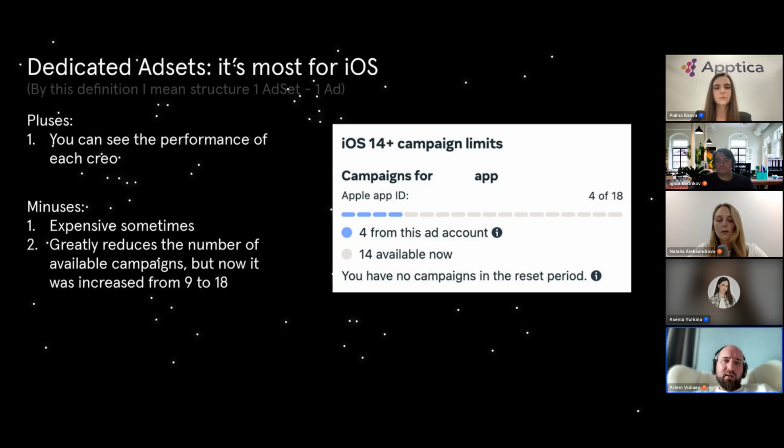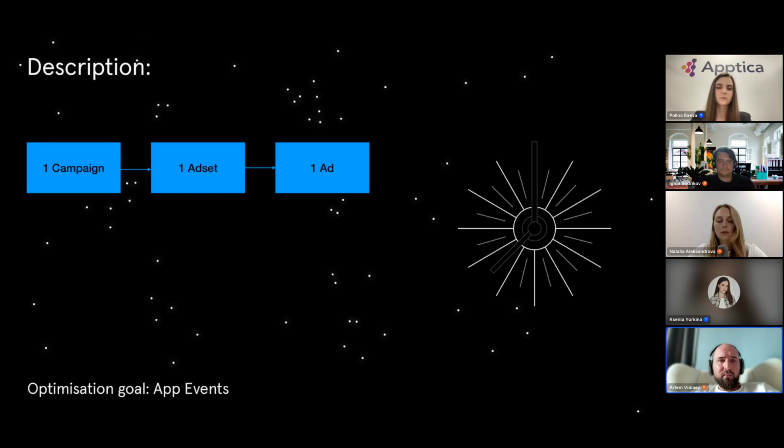But of course, minus of this approach that in Advantage Plus campaigns you can use only one ad group, but in manual campaigns you can use 5 ad groups for it. It's setup, one campaign, one ad set, and one ad.